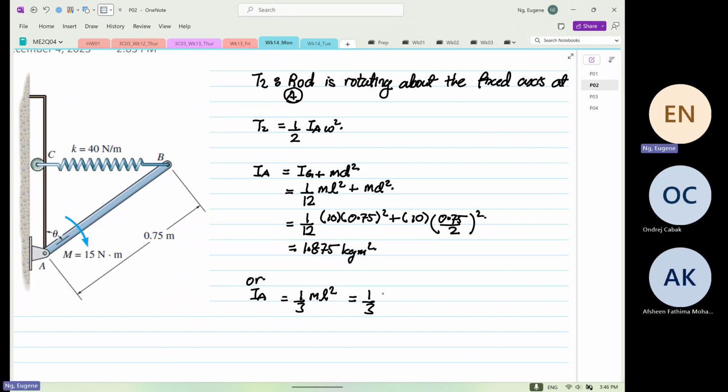So if you do 1/3 ml squared, the mass is what? 10 kilogram. The length is 0.75 squared. You should get the same answer. 1.875. Okay. Now this is from our where? Our table. Yeah.